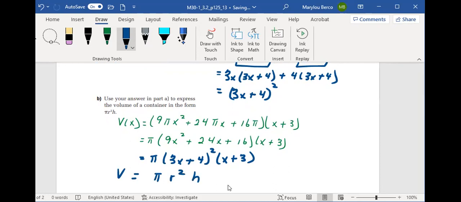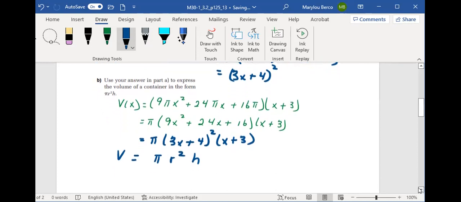So in this factored form, express the volume in the form of pi r squared h.